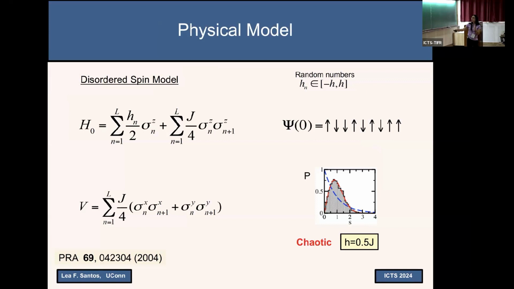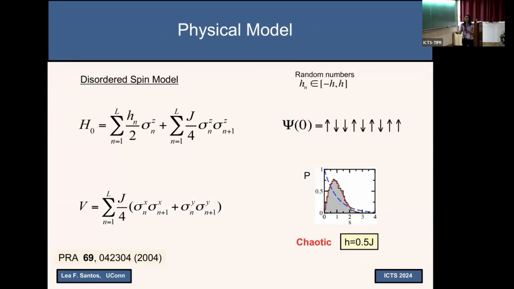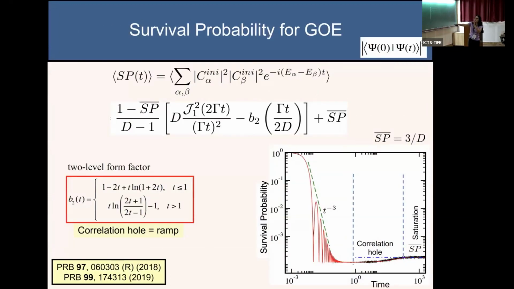Let's start looking at the chaotic regime, so small disorder strength. And I'm going to pick initial states in the middle of the spectrum, where I know chaos can develop. And what do we see? Following the same steps as before, since I'm in the middle of the spectrum, these components, even in the physical model, are very similar to random numbers.